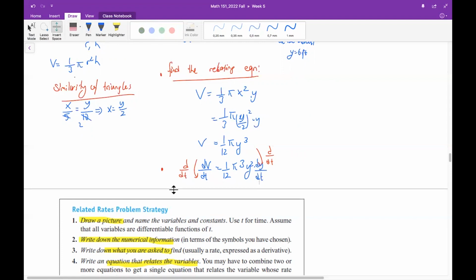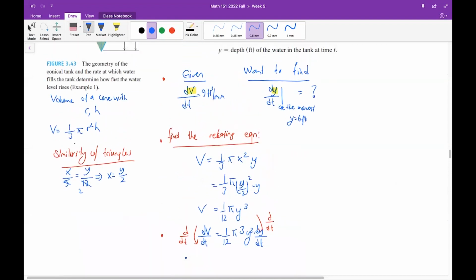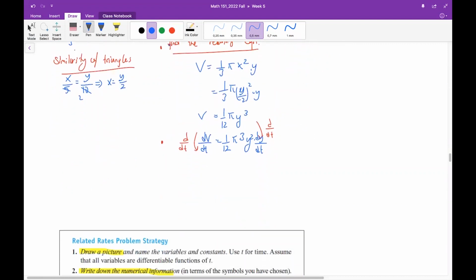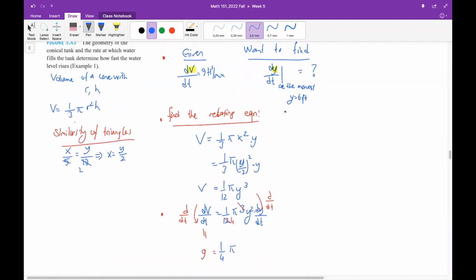And next, you will start inserting the given moment. So now it is time to insert the given quantity, 9 feet cubed per minute, in your equation. This is given as 9. And you simplify the right-hand side. So you have 1/4 times pi y squared. What is y at that particular moment that we are interested in?